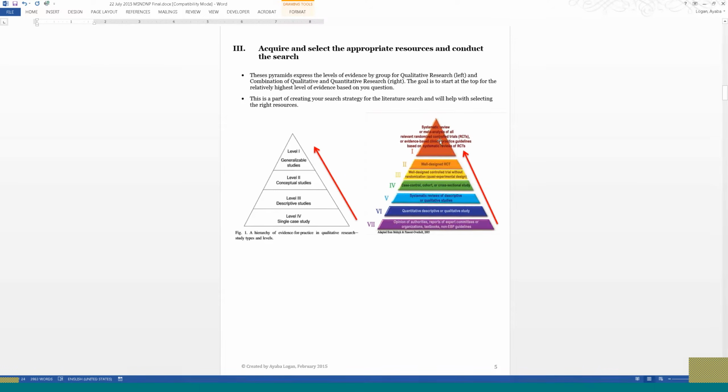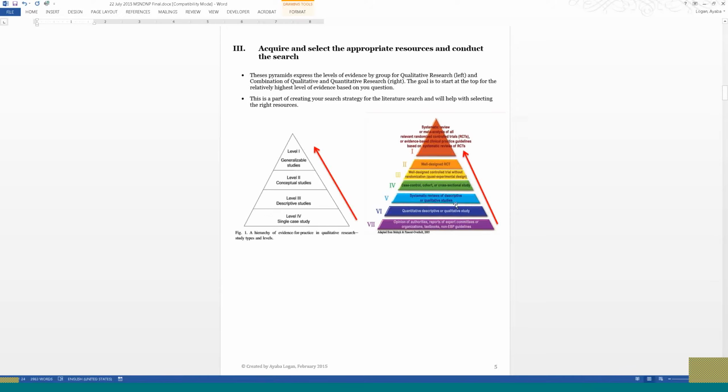And then at the very top of the pyramid are systematic reviews, meta-analyses of randomized controlled trials, and evidence-based clinical practice guidelines, because clinical practice guidelines are all based on all the other levels of evidence that exist, and specifically systematic reviews and RCTs.